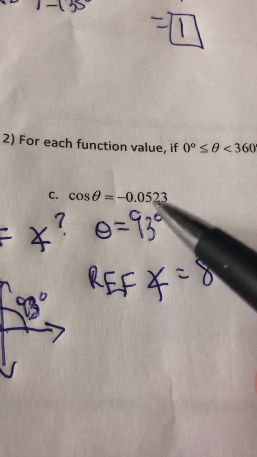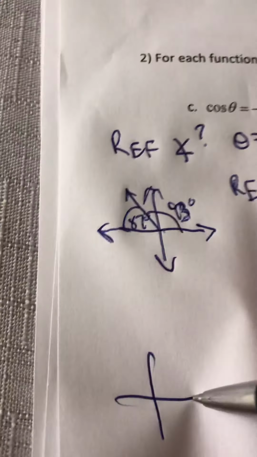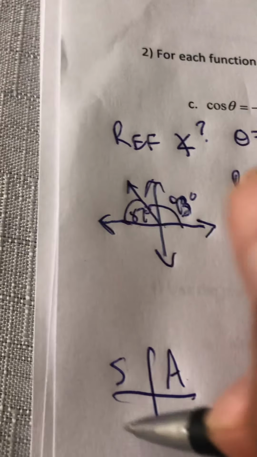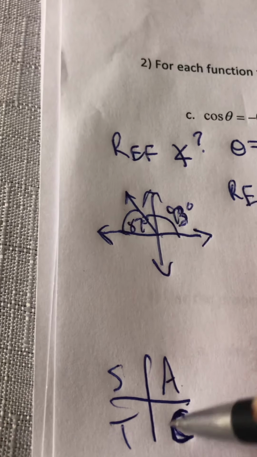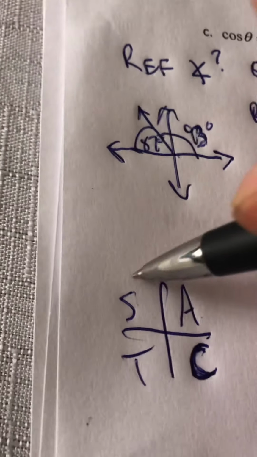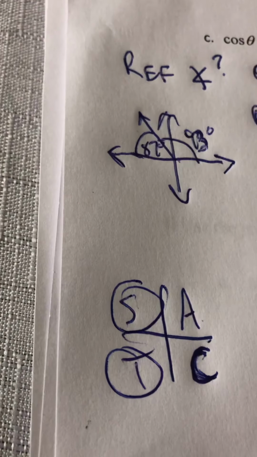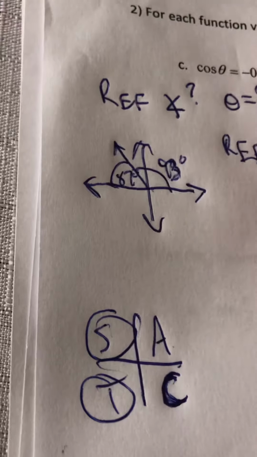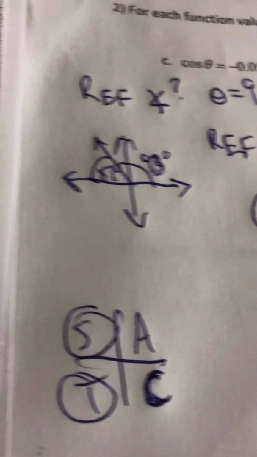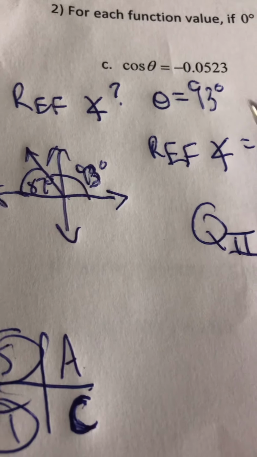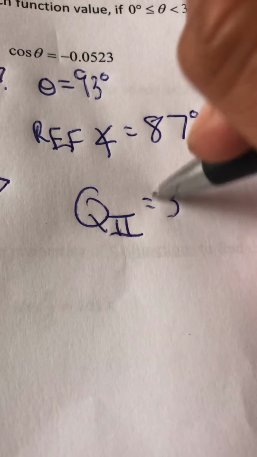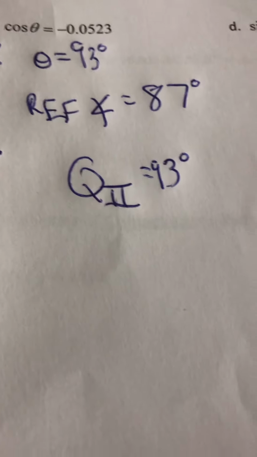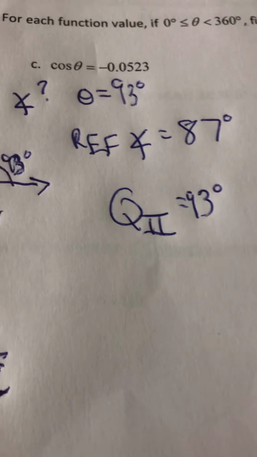So now I think about cosine. Now cosine, we need it to be negative. So cosine is negative in the second and the third quadrant. So in quadrant 2, this 93 degree angle is actually going to be the answer, because that is the angle with an 87 degree reference angle.